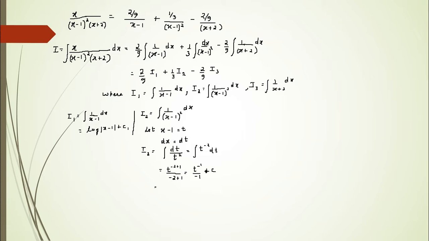Now putting the value of t, I'll get this is equal to (x minus 1) whole power of minus 1, and then minus 1, plus c2.